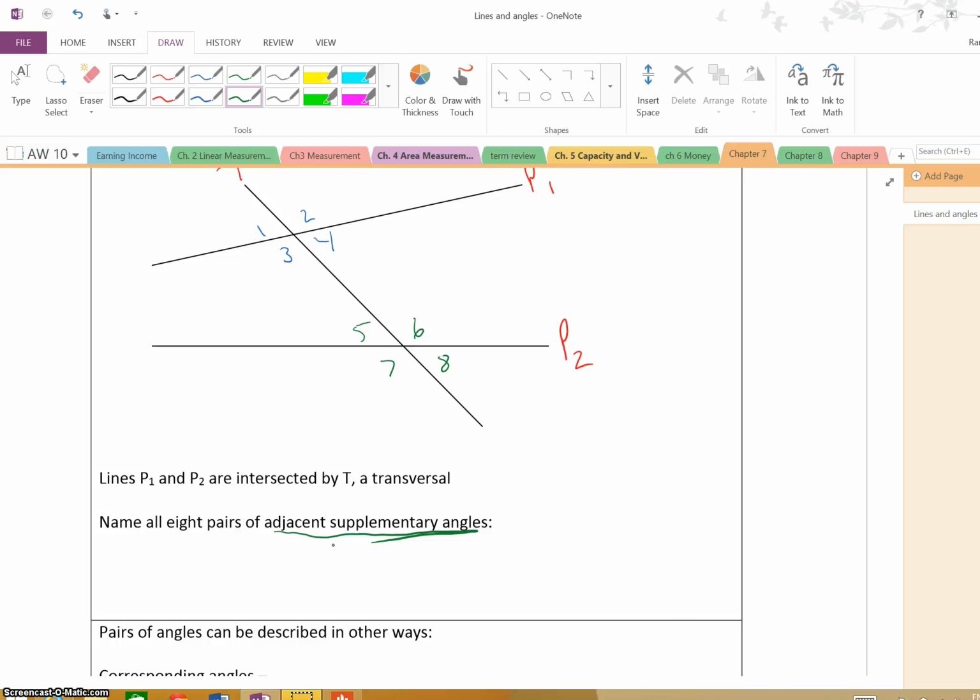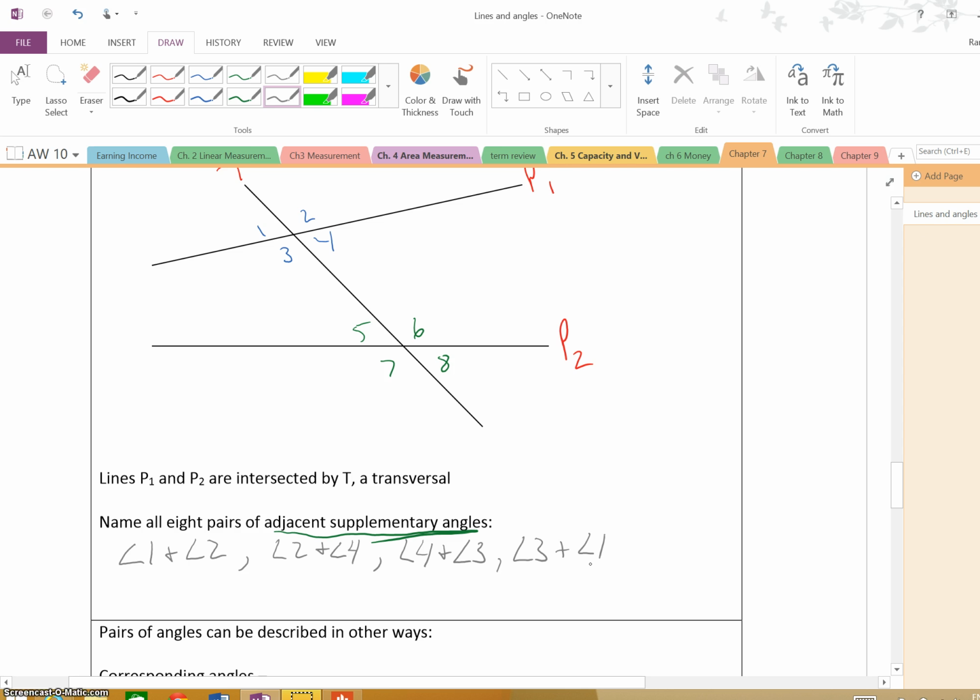Some of those pairs would be angle 1 and angle 2, angle 2 and angle 4, angle 4 and angle 3, and angle 3 and angle 1.